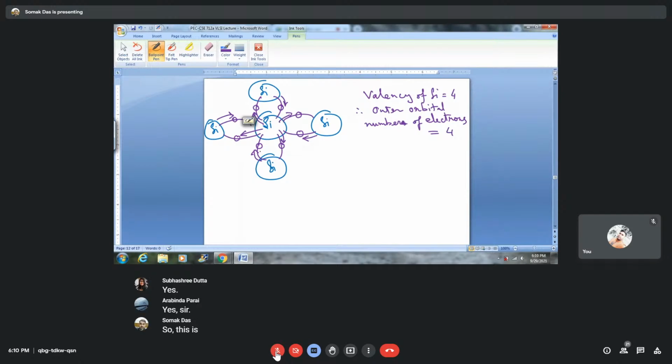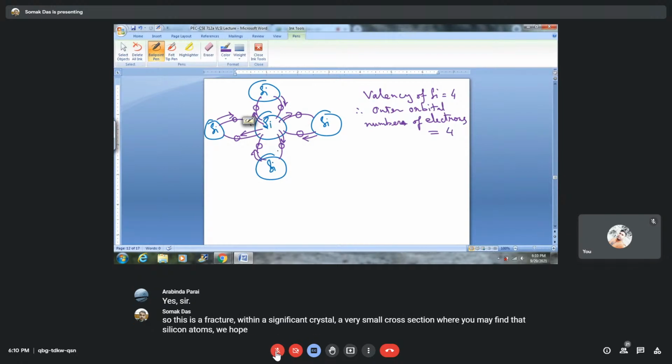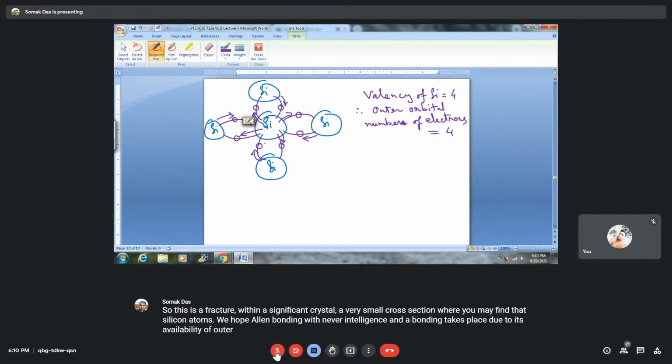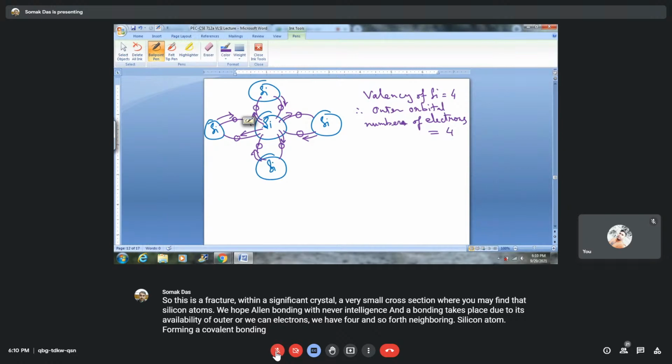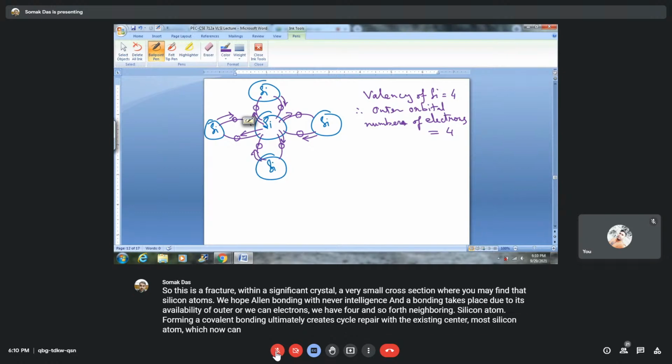So this is a structure within a silicon crystal, a very small cross section where you may find that silicon atoms are within covalent bonding with neighboring silicon atoms. The bonding takes place due to the availability of outer orbital electrons, which are four, and so four neighboring silicon atoms forming a covalent bonding ultimately creates the equilibrium with the existing centermost silicon atom, which now can justify the requirement of 8 stable outer orbital electrons.